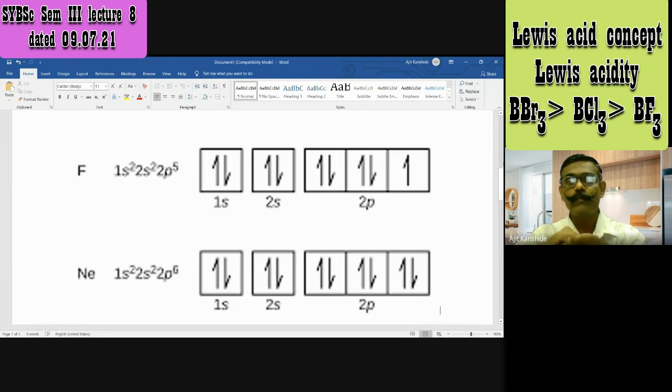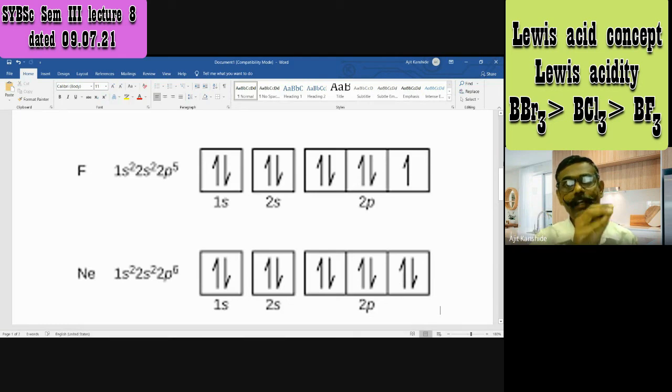Sharing occurs because one electron from one atom and one electron from the other atom are involved in the bonding. Means if I consider water, the formula of water is H2O. Central atom is oxygen. So oxygen can form the bond with hydrogen. One electron from oxygen will bond with one electron from hydrogen to form one OH bond.